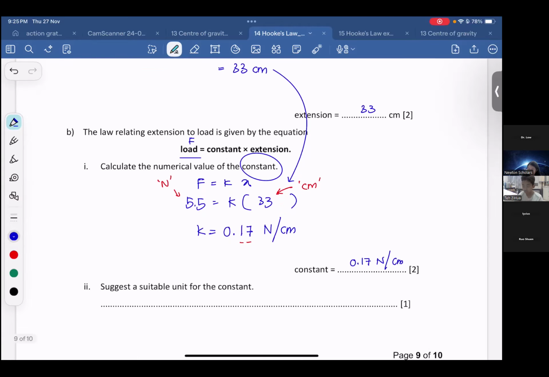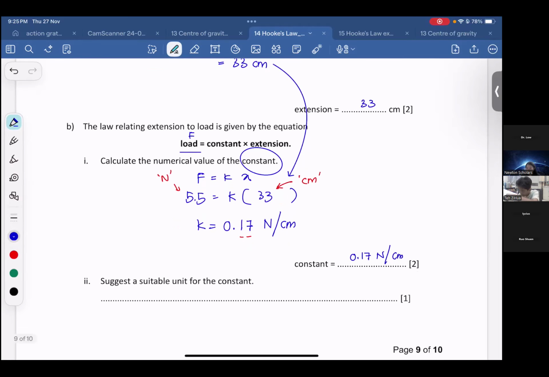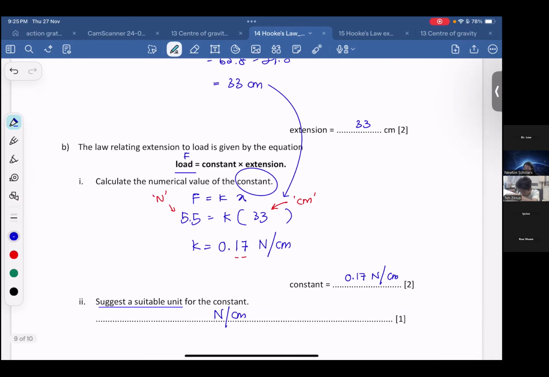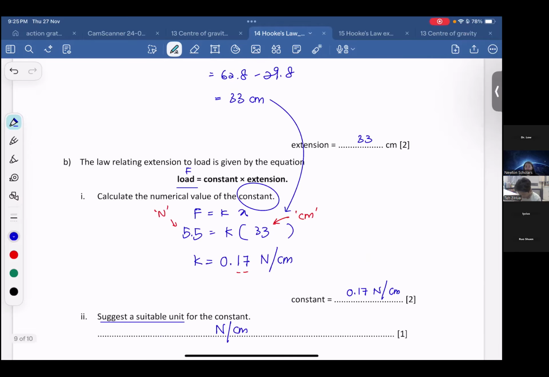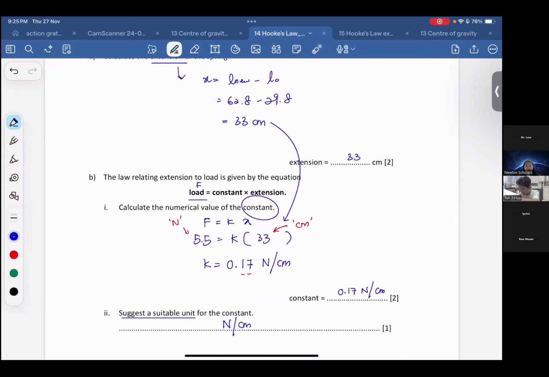Right, suggest a suitable unit for the constant. So here, Newton per cm is our constant. If you convert 33 cm to 0.33 m, then it will be Newton per meter. Okay, so for this question, actually, it's easy because we did a lot of questions in the MCQ. Basically, it's the same thing, but made in structure form only.